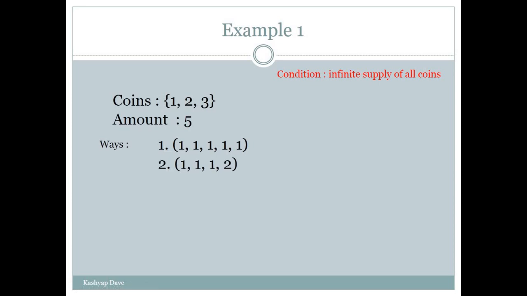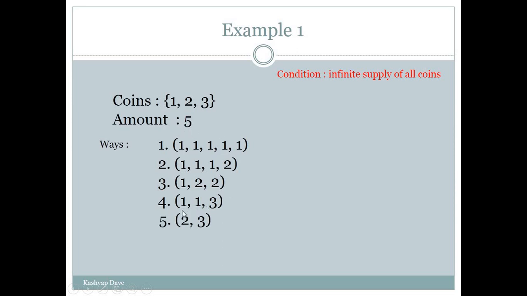If we take three 1 rupee coins and one 2 rupee coin, then the amount will be 5. So that is the second way. Another way is if we take one 1 rupee coin and two 2 rupee coins, then our total amount will be 5. Next, if we take two 1 rupee coins and one 3 rupee coin, then our total will be 5.